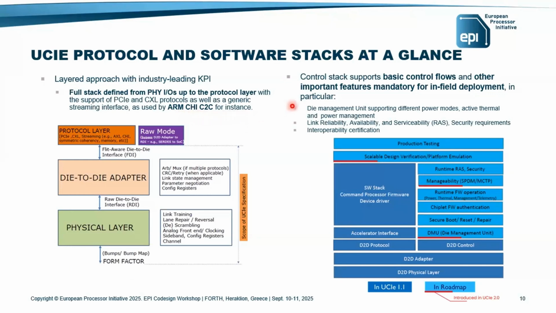UCIe is also defined as a software stack with basic control flows and some important features for in-field deployment, like RAS, security, interoperability, and so on.